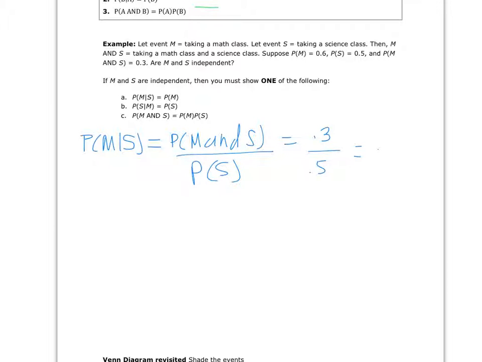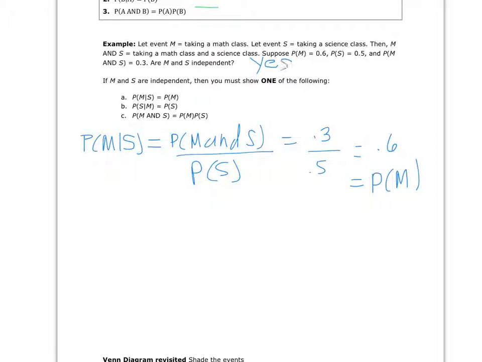So we get 0.6. That equals the probability of M. So we were able to show that the probability of M given S is equal to the probability of M. So that shows independence. So we can say yes.